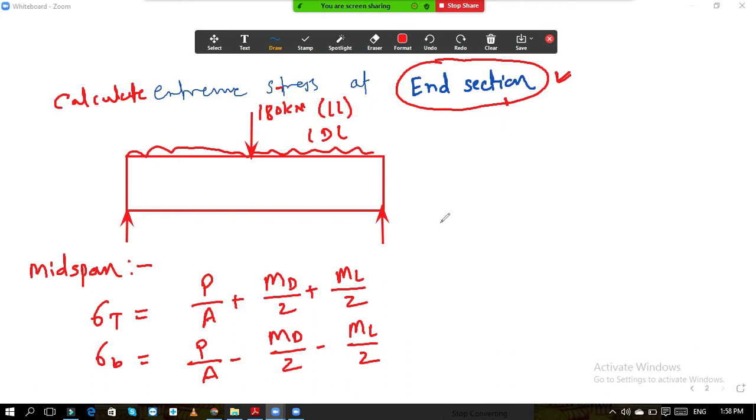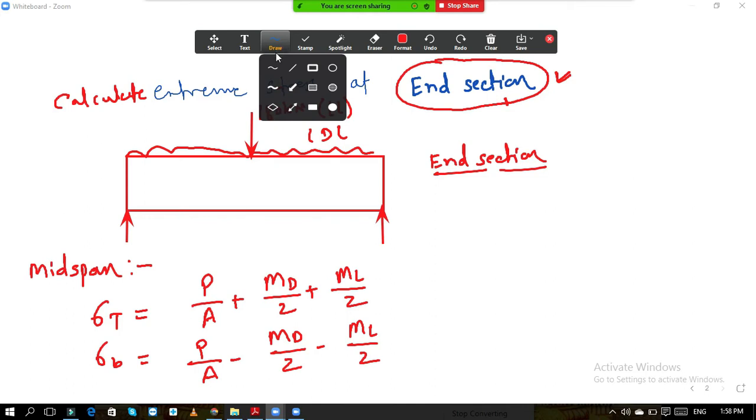And while calculating sigma b, it is P by A minus MD by Z minus ML by Z. But when it comes to end section, you should consider only the forces which are present at the end section. So see the formula, what will be the stress.